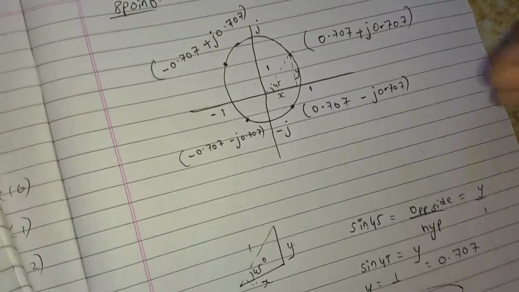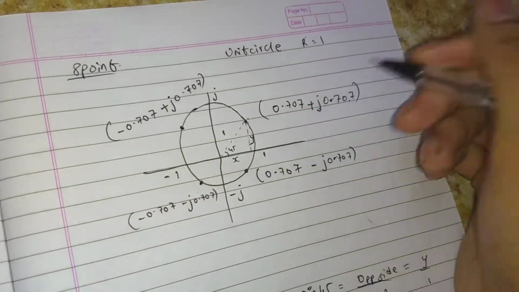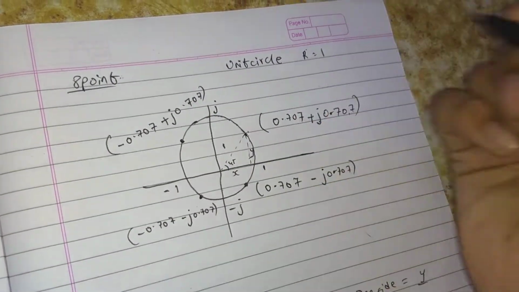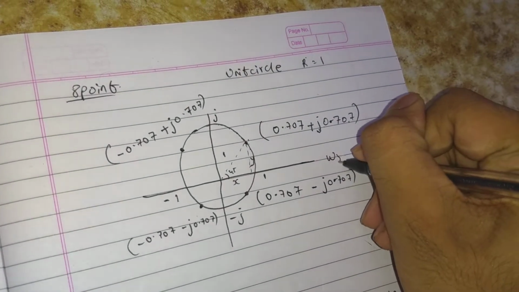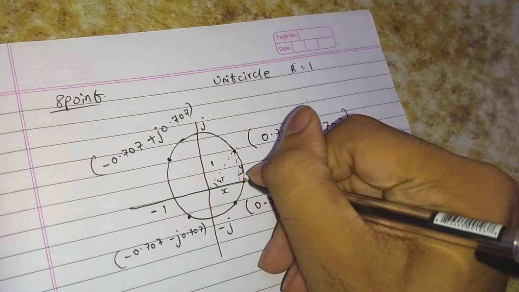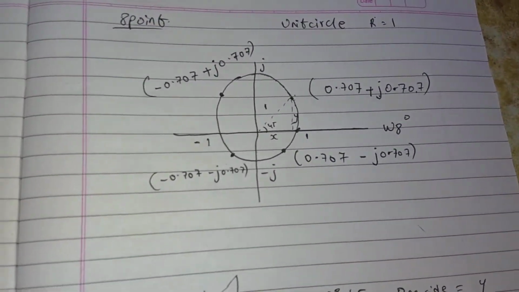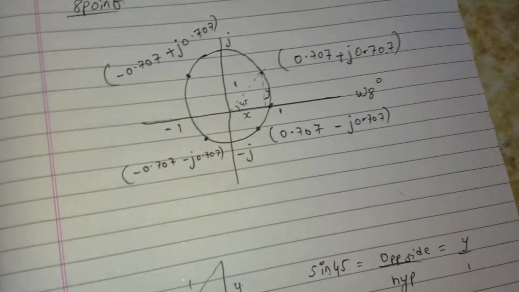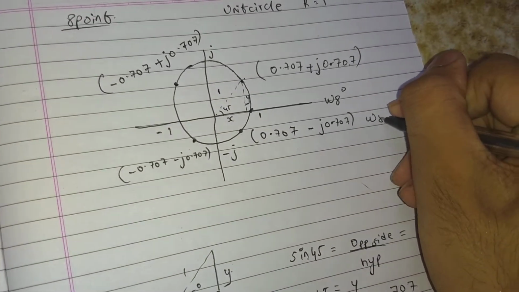Now let's talk about all the points. I am starting from here. This is w8 raised to 0. This first point is 1, w8 raised to 0. Now my second point is this, let's say w8 raised to 1.